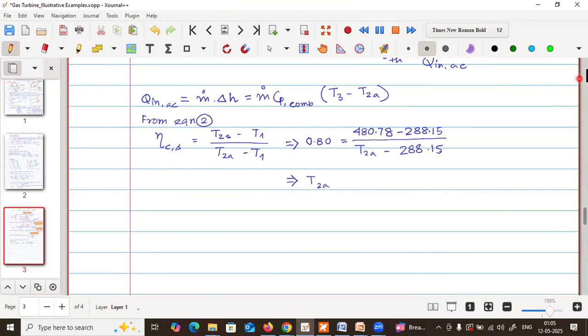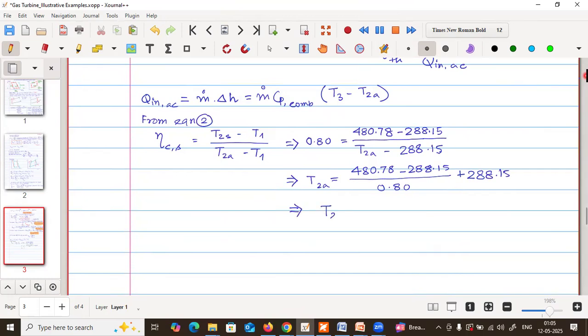T2A is equal to 480.78 minus 288.15 by 0.8 plus 288.15. Just rearranging the above equation, we will get it.